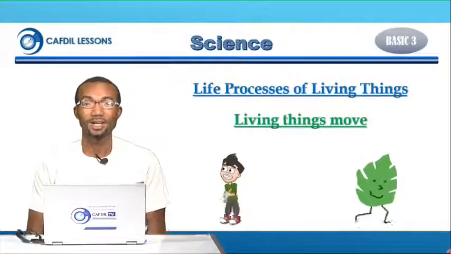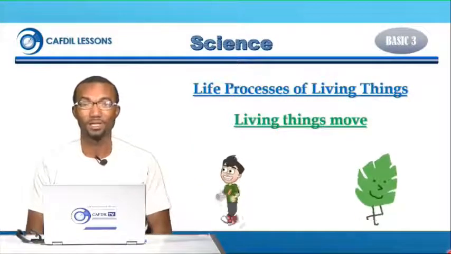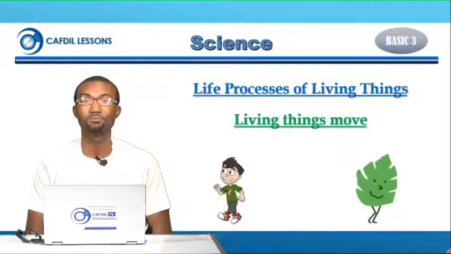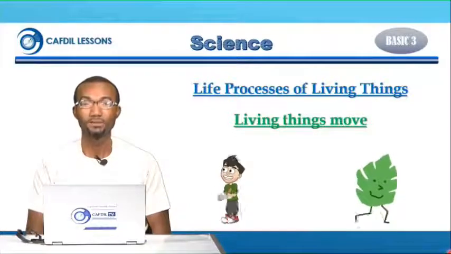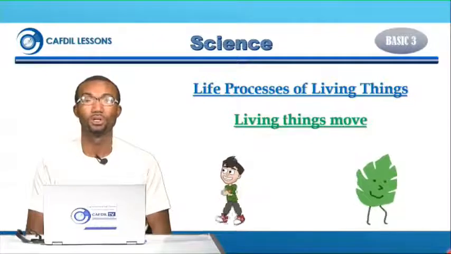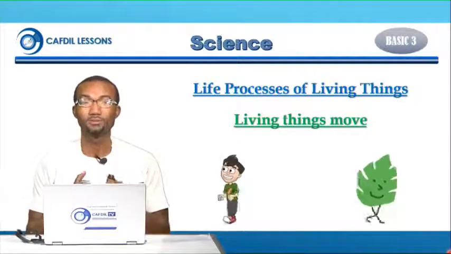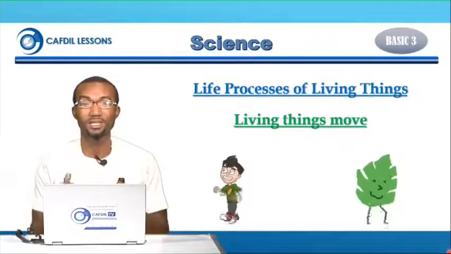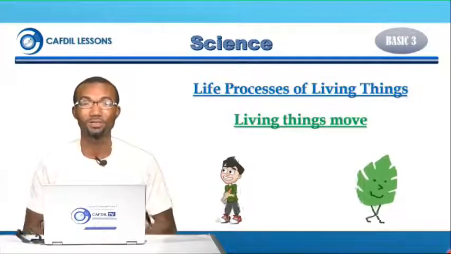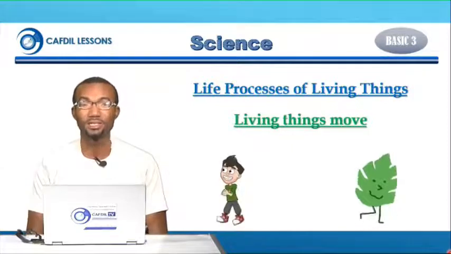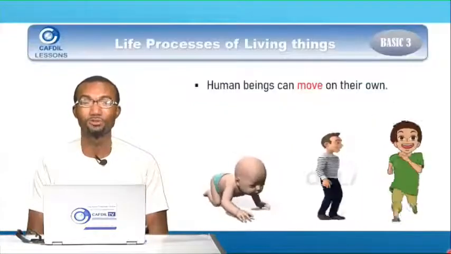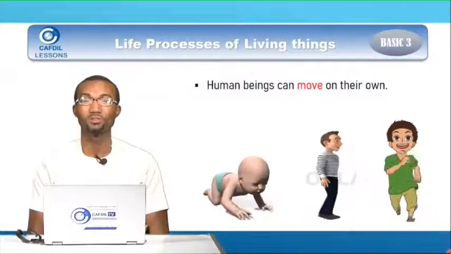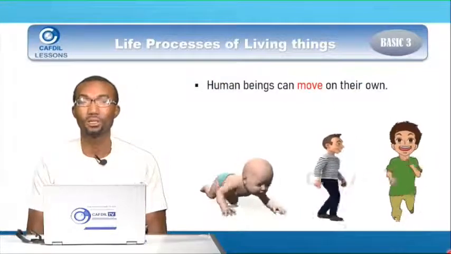Now let's look at life process 1. Living things move. So if living things do certain things that help them to stay alive, then one of them is movement. Human beings can move on their own.